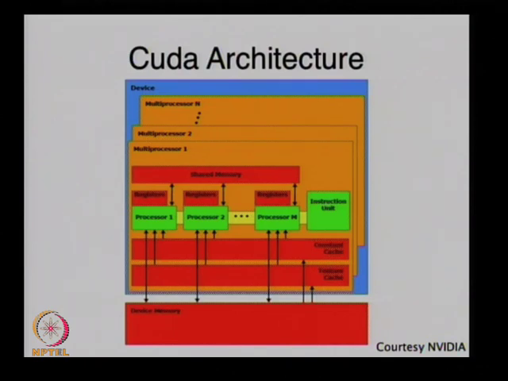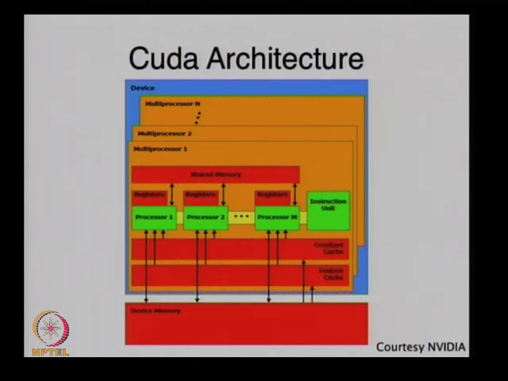Okay, and there are some number of these multiprocessors, and each multiprocessor is independent, right? It's like having multiple cores, but each multiprocessor actually is several SIMD processors, which are not independent. Right? They kind of work together.